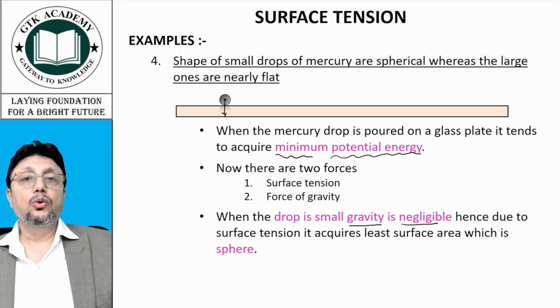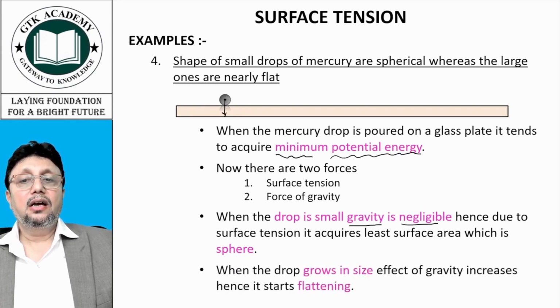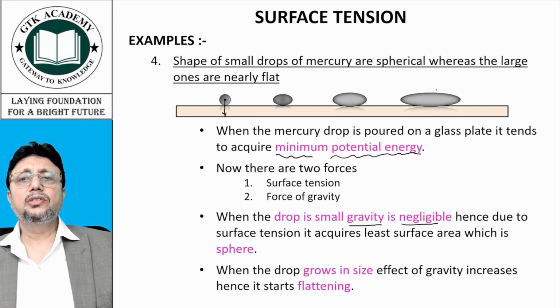But when it grows in size, gravity effect increases and it starts flattening like this. You can see. So it will try to have its potential energy as minimum. Had it been spherical, the center of mass would have been at this place.